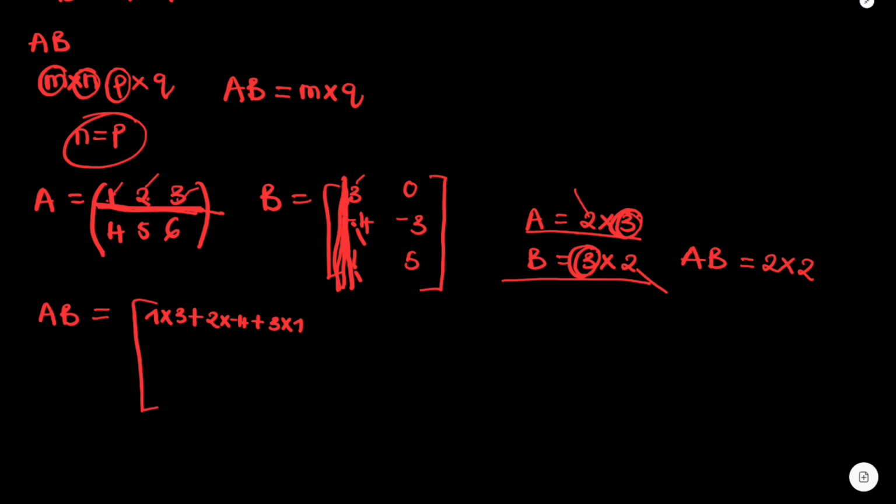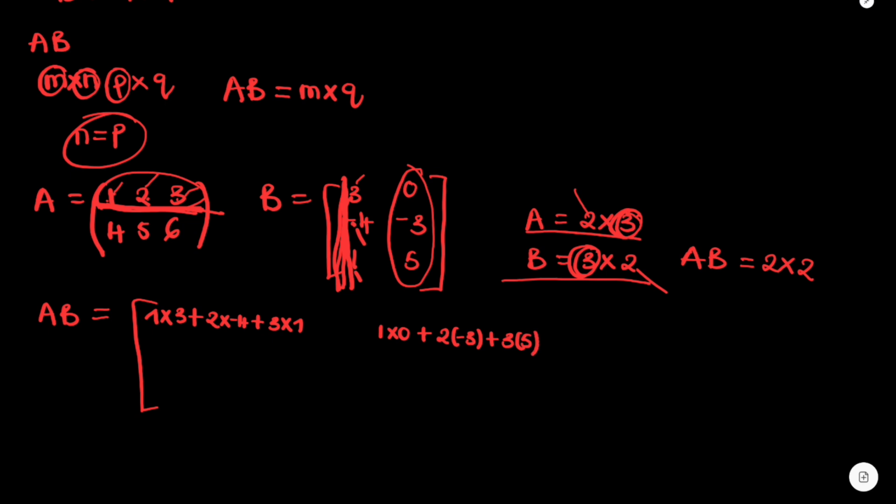All this will just give you the first element. Remember, it is a 2 by 2 matrix. To get the second element, take the first row times the second column. So we have again 1 times 0 plus 2 times -3 plus 3 times 5.